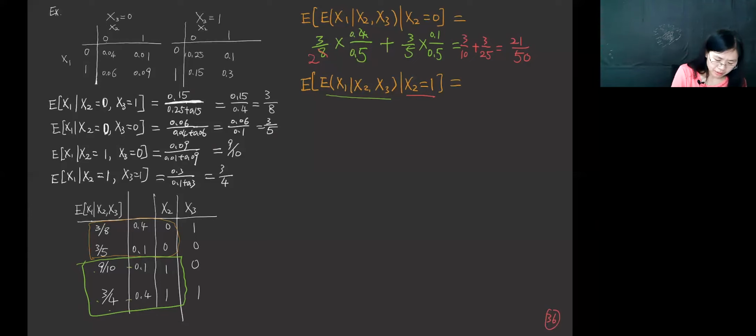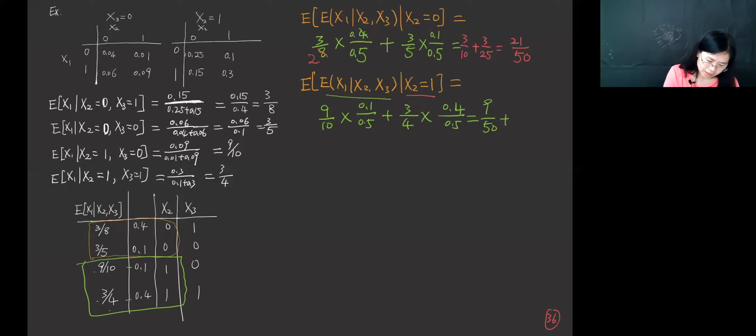So that should be 9/10 times 0.1 divided by 0.5 plus 3/4 times 0.4 divided by 0.5. That's 9/50 plus 30/50, so that's 39 divided by 50.